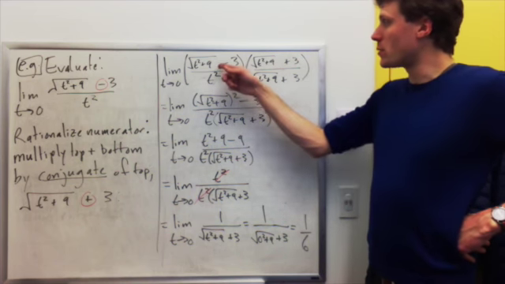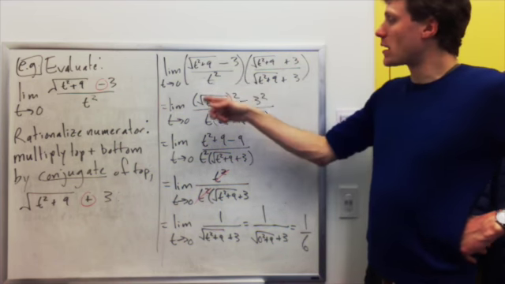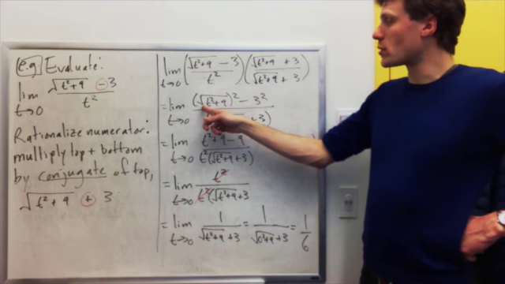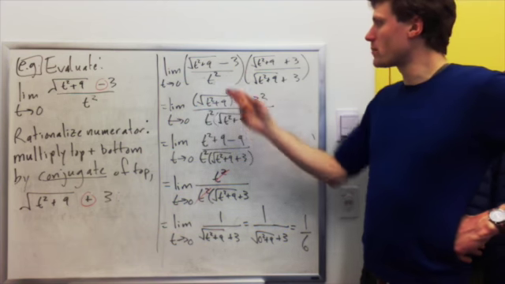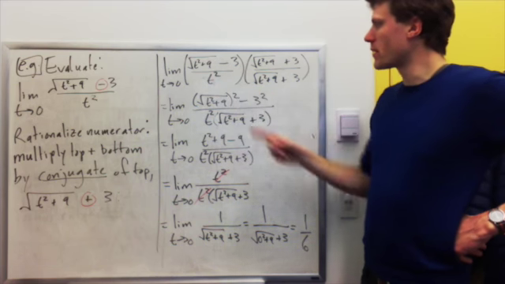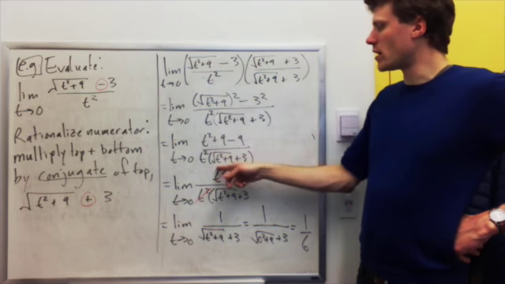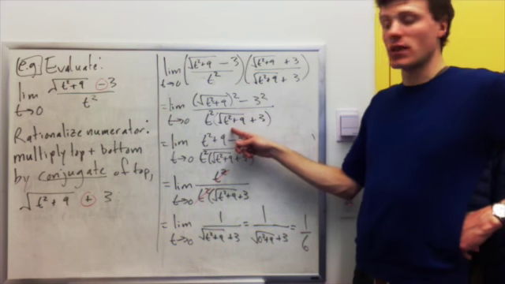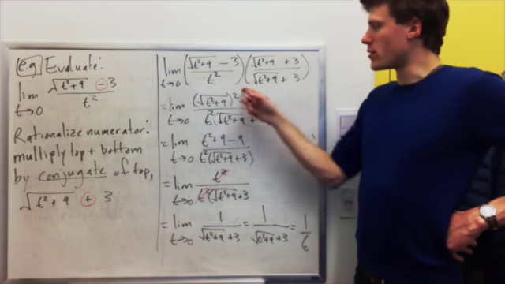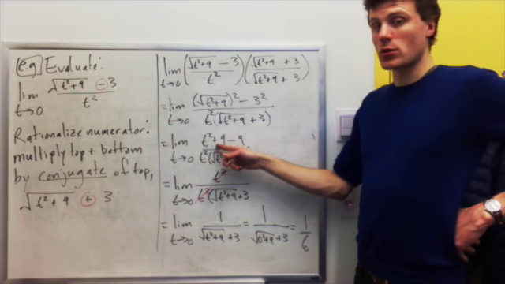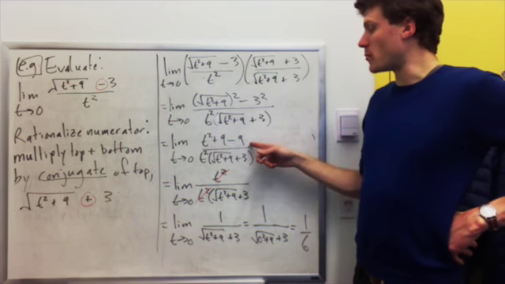Okay, so when I multiply the numerators, I get the square root of t squared plus 9 squared minus 3 squared because it's the difference of squares, a minus b times a plus b. The bottom, I just get t squared times the square root of t squared plus 9 plus 3. Now I square at the top, the square root and the square cancel, leaving me with t squared plus 9. 3 squared gives me minus 9.